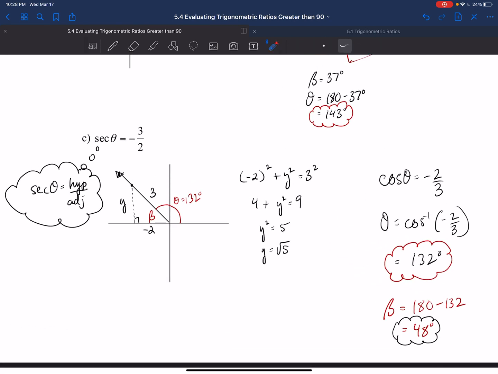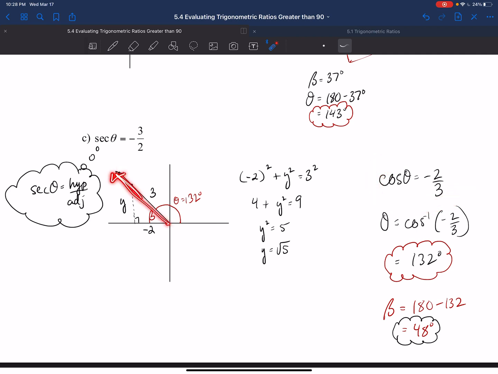Now, if it didn't tell me that it was in quadrant 2, and it just said between 0 and 360, then I need to think about what other quadrant is possible. So let's say this one here. Basically, cos is negative 2 over 3.